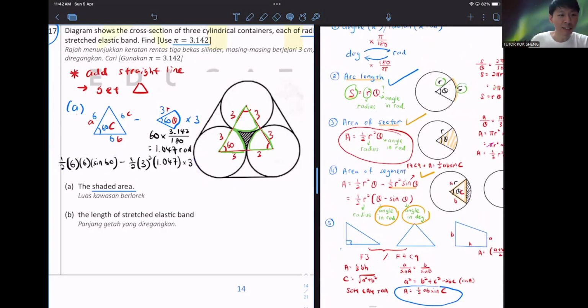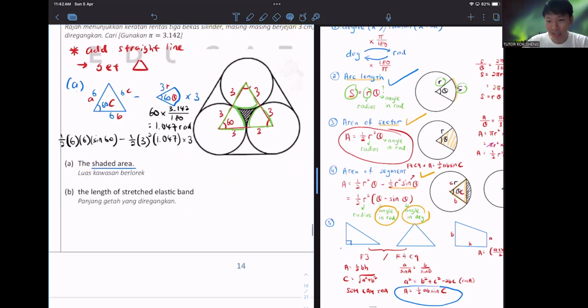Yay. Okay, let's get the answer. Easy, easy. But yeah, provided you have to know how to add a straight line. 1 over 2, 6 sine 60, that's 15.59. Then 1 over 2, 3 squared, times 1.047 times 3, that's 4.1345.